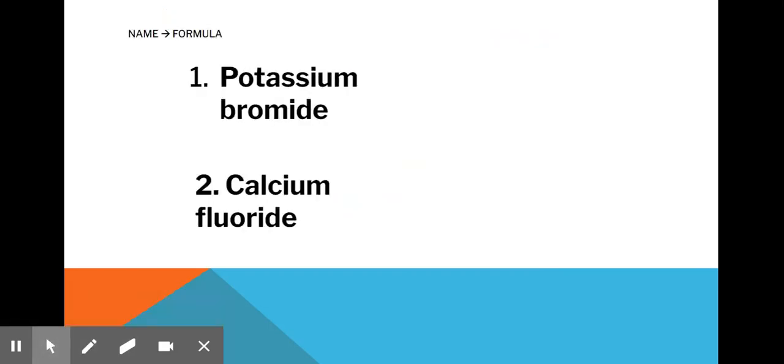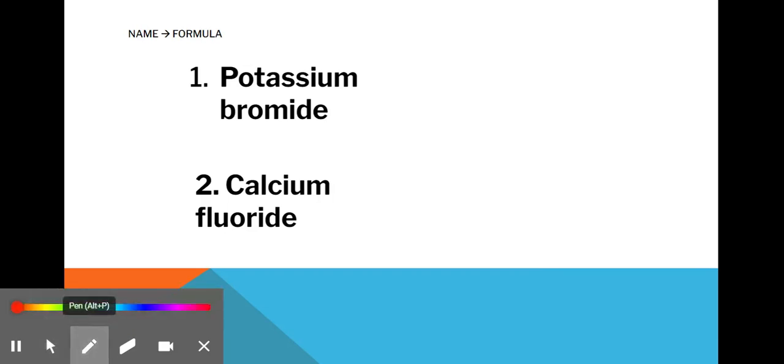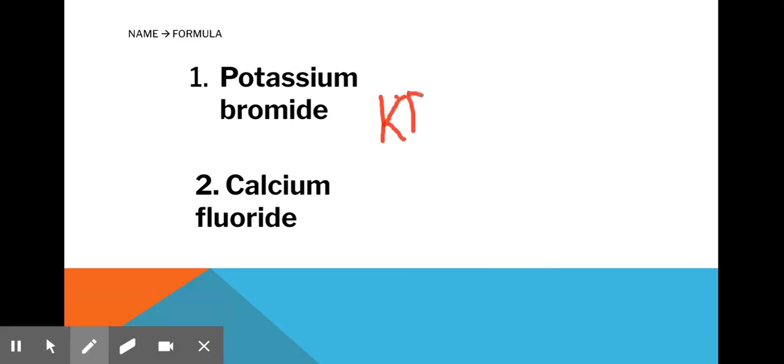Try these two. Potassium bromide and calcium fluoride. Did you get KBr for potassium bromide?